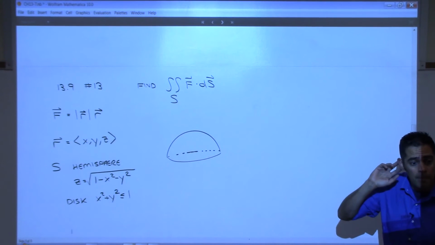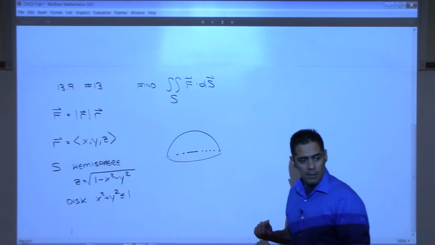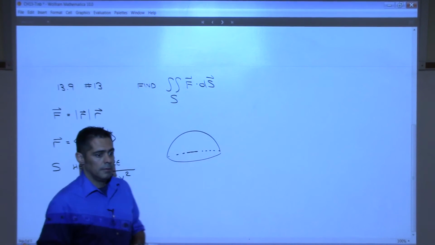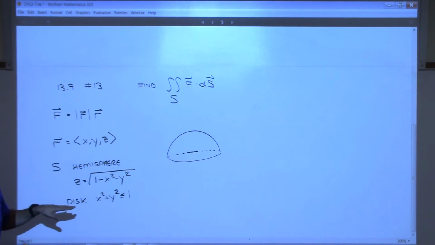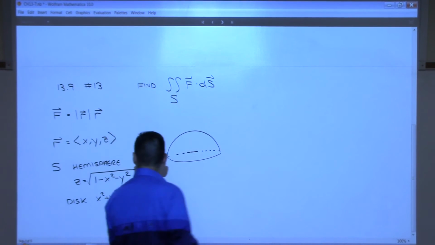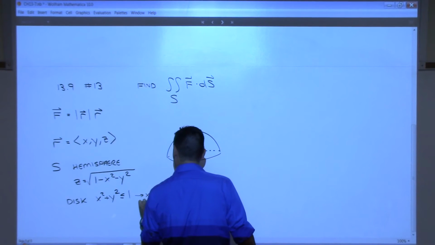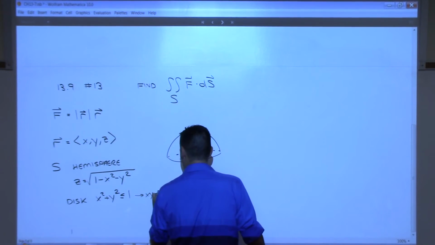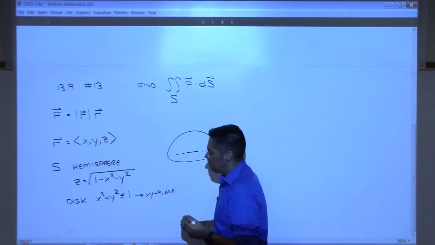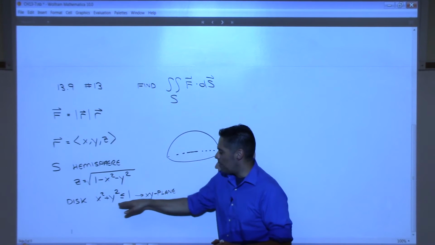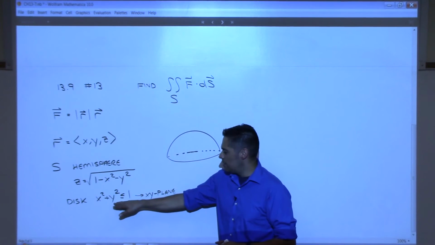Pardon? Do we have to add it? What do you mean add it? Like, because aren't they two closed surfaces? They are two separate surfaces which enclose a solid. Okay? I think the book also says that this is in the xy plane, which means that if I don't say this is in the xy plane, this is actually a solid.